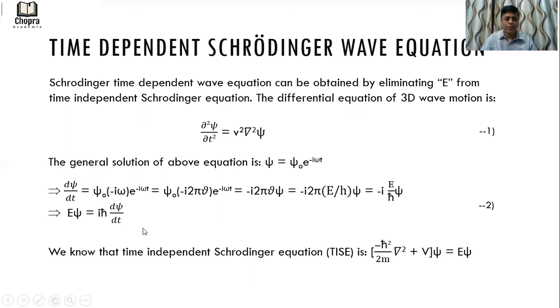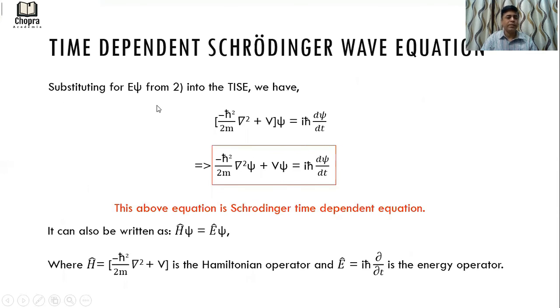We know that time independent Schrodinger equation is minus h cross square by 2m grad square plus V psi equal to E psi. Now here we substitute for E psi simply from the equation number 2. We get on the right hand side i h cross d psi by dt. Everything remains same. Only the right hand side we are having now written in terms of energy operator.